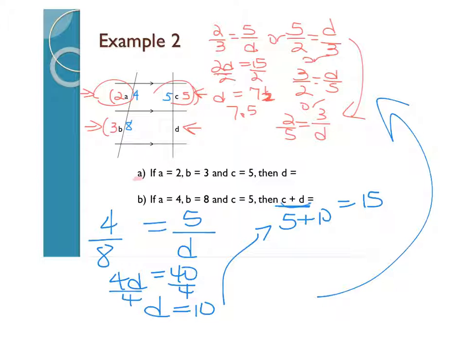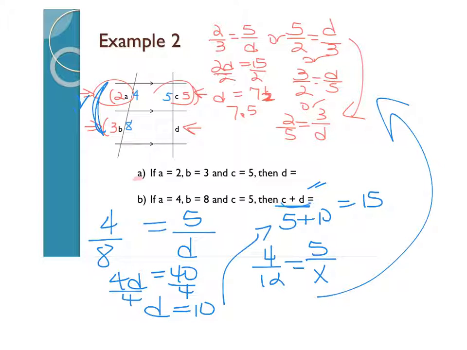If you wanted to go right to the answer, what you could have also done is 4 over 12, because the whole thing was 12, because that's what it was asking for. So 4 over 12 is equal to 5 over, and we could say it's x.